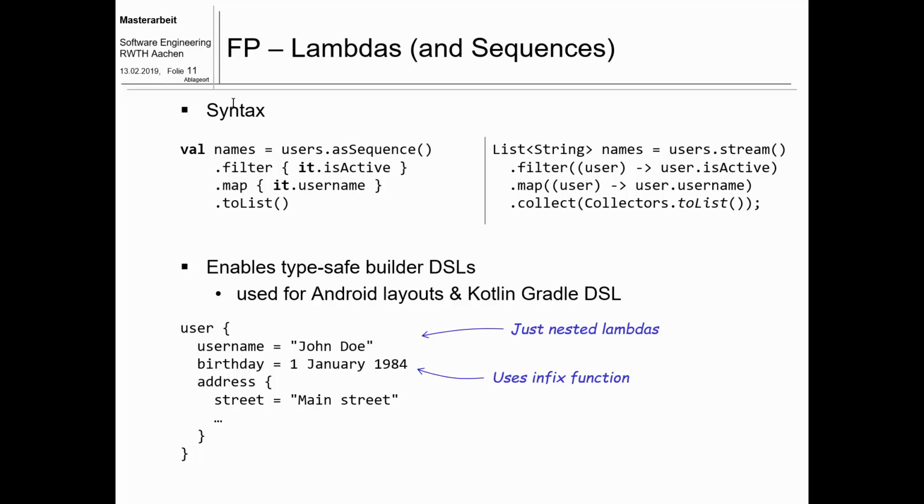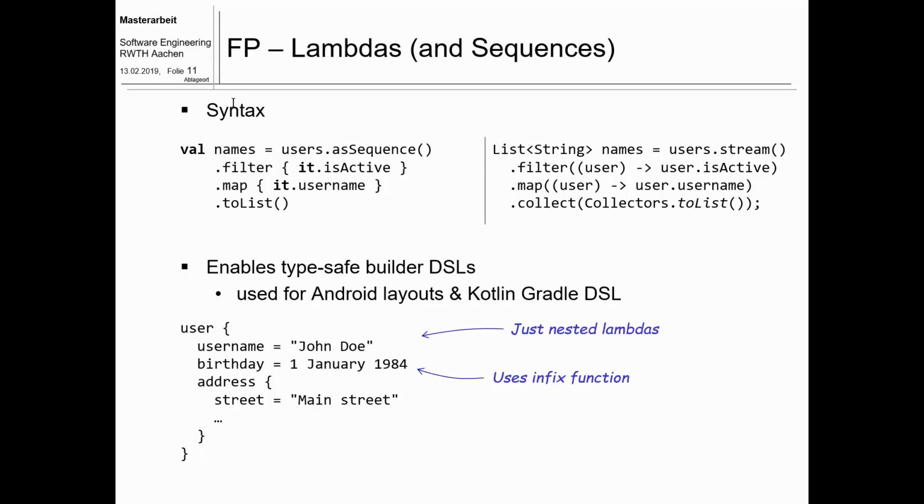So the important thing here is that on the left-hand side in the Kotlin code, you can see we have this lambda syntax with curly braces. And we're not actually even using any parentheses on the filter function call, which is only possible because we only have a lambda as the only parameter of the function. So if the only function argument is a lambda expression, we can just omit the parentheses and basically get this kind of syntax where you just open up curly braces and denote your lambda like that.